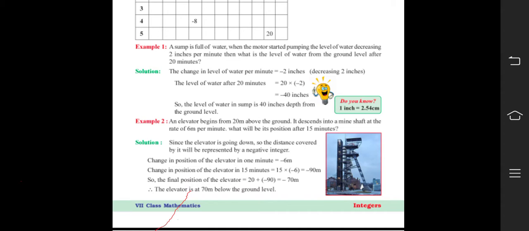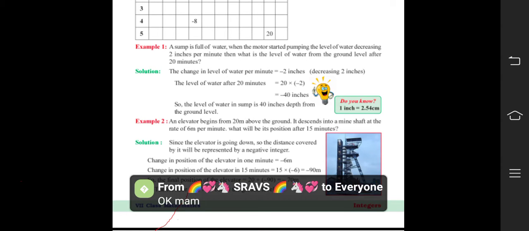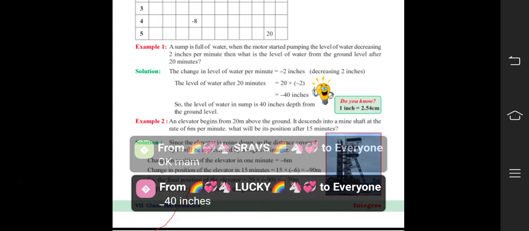The level of water after 20 minutes: 20 into minus 2. 20 into 2, how much? 40. Here minus is there, no? So minus 40 inches. So the level of water in the sump is 40 inches depth from the ground level. Did you understand, children?